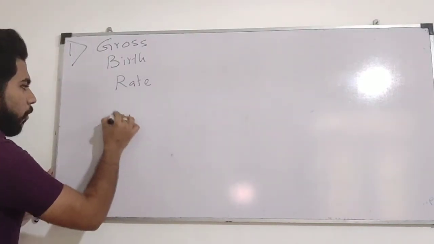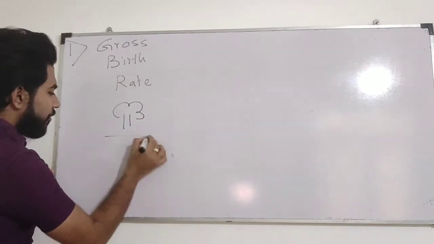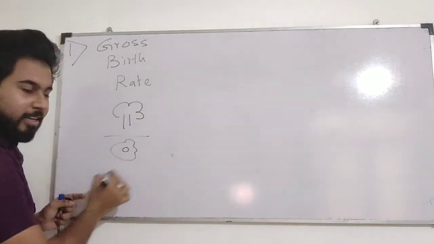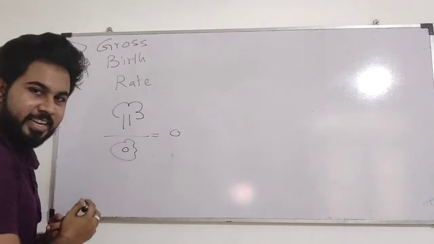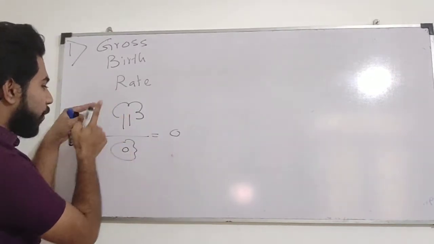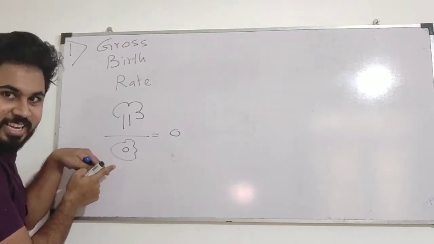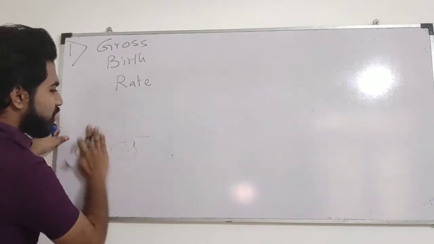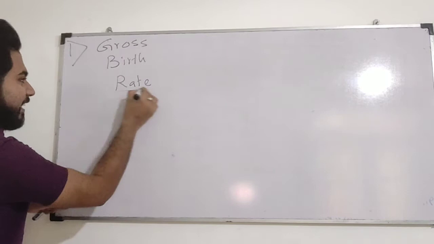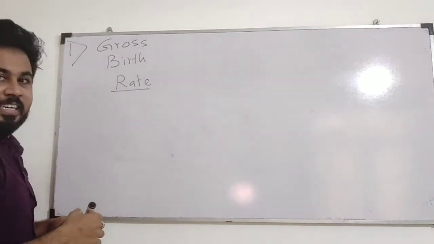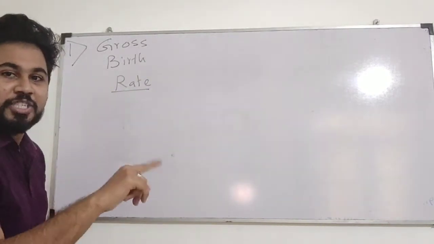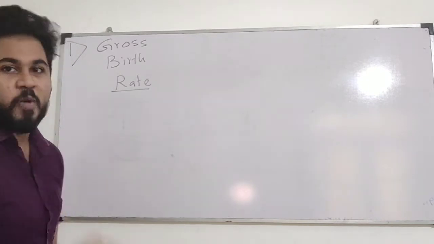For example, suppose we have a tree and a flower, and tree divided by flower gives the answer, seed. Then the seed is the ratio between what? Tree and flower. So it is very clear that a rate or ratio stands for a ratio between two values.